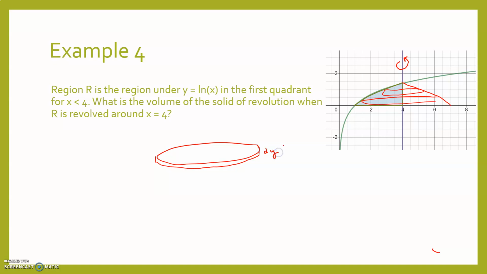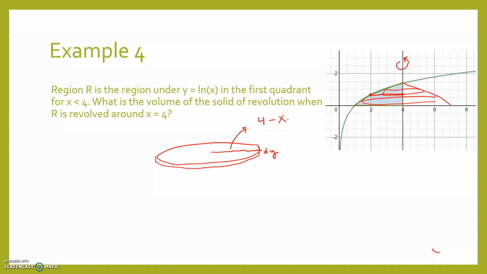And so that tiny thickness of dy is going to tell us that we would like our radius to be in terms of y. So our radius is going to be the distance from 4 to this curve. So the radius is going to be 4 minus the x coordinate.